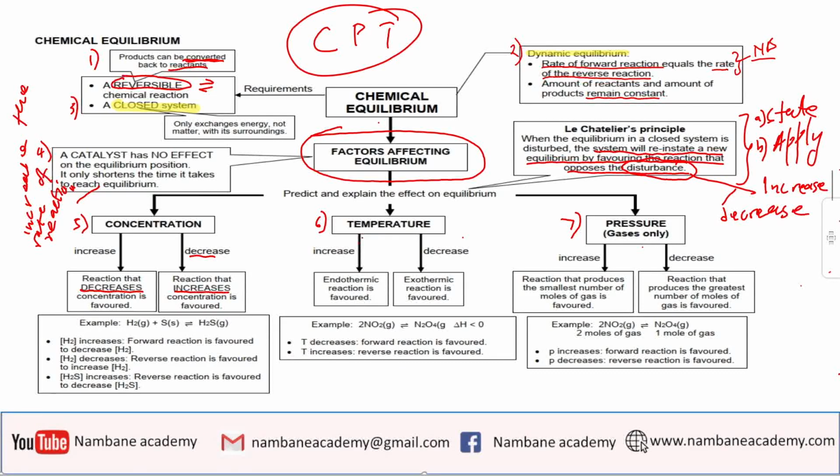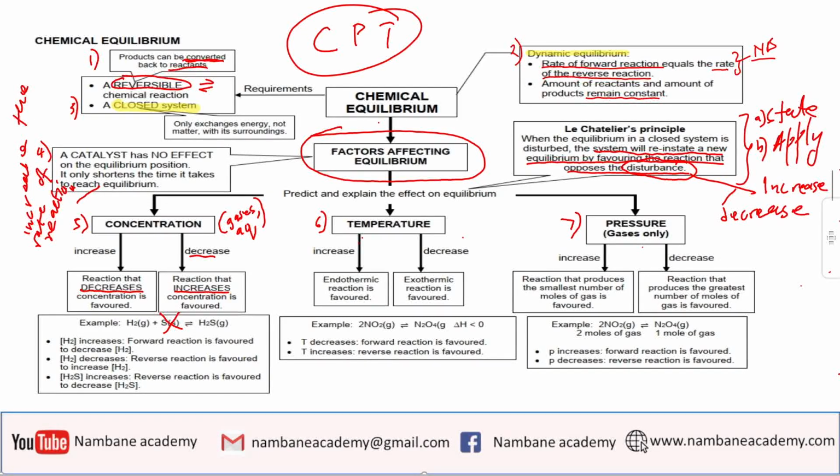An example is given here. And remember, concentration is for only gases as well as aqueous solutions. So once I see a solid, it means that solid will not be part of any calculation that I'm going to perform.